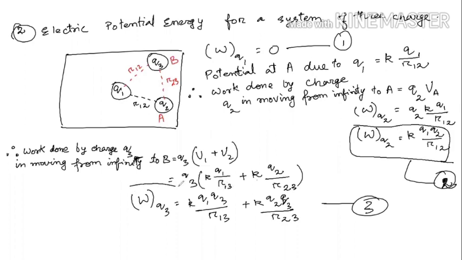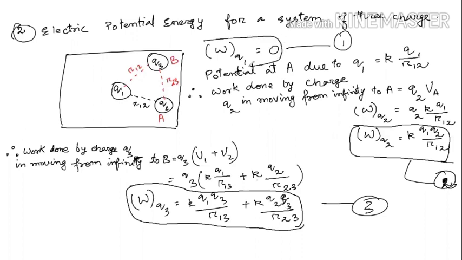So you are going to add all these three work done values in order to find the electric potential energy for a system of three charges.